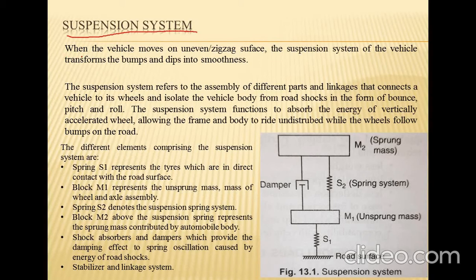Generally the road surface dishes up rugged, uneven conditions, and the suspension system transforms the bumps and dips into smoothness.